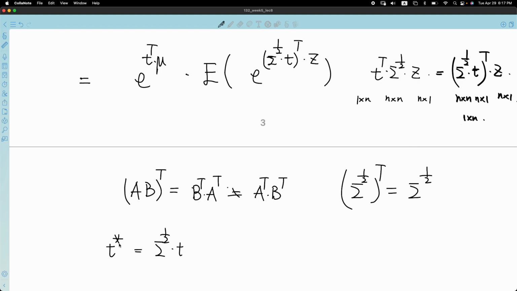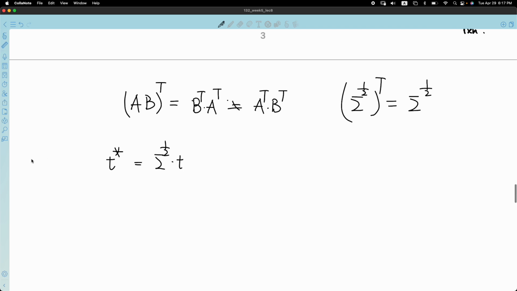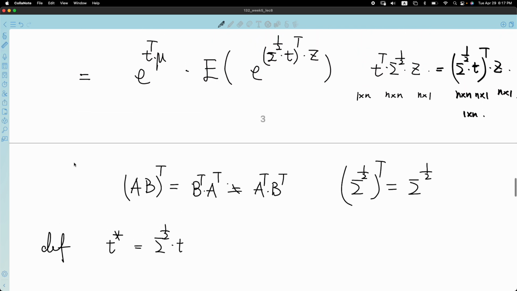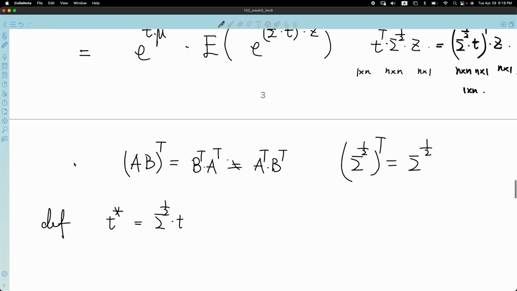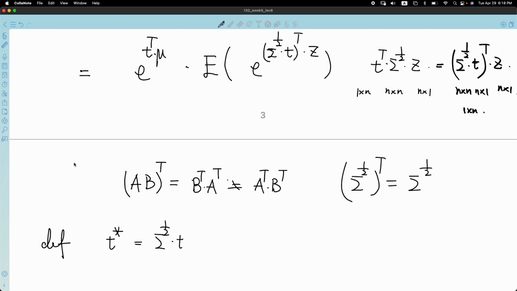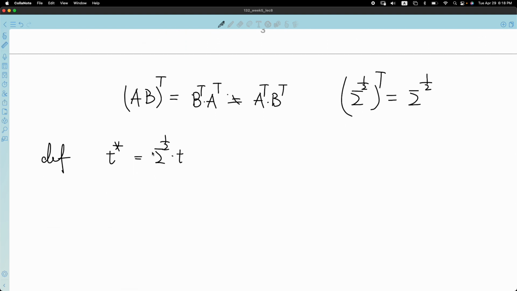Let me define T star as that, just like a naming thing right now. There's nothing more technical, I just call this T star. You can group whatever things you want together and make it a new name, okay? And now let's continue the equal sign.